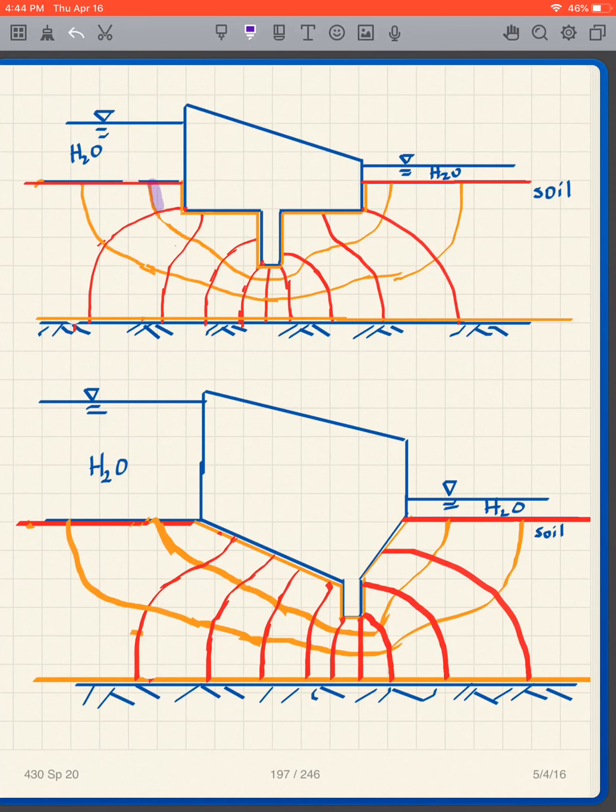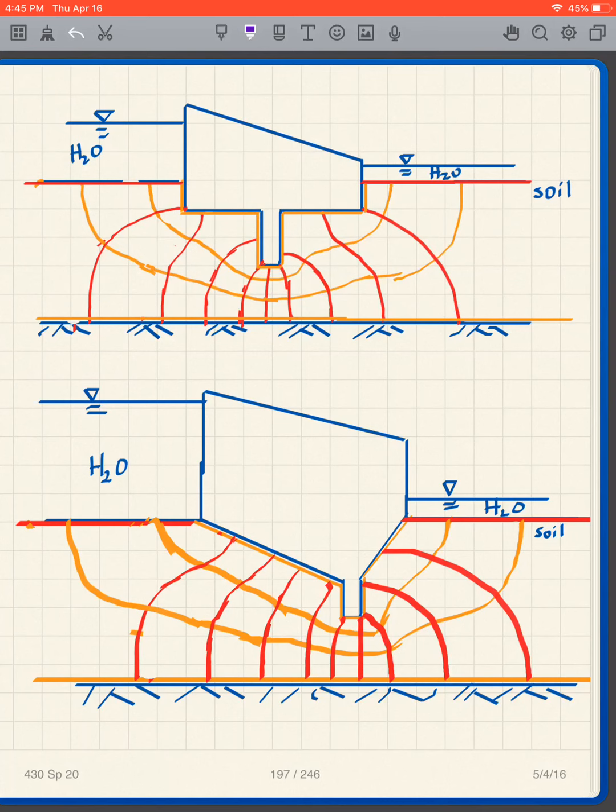We're interested in figuring out what path the water takes to get from one end of the dam to the other. And what I've shown you here almost describes itself, it looks like a net. And that's why we call it a flow net. What we're going to do for these problems is that I'm going to give you the flow net, and then you are going to make calculations from the flow net.